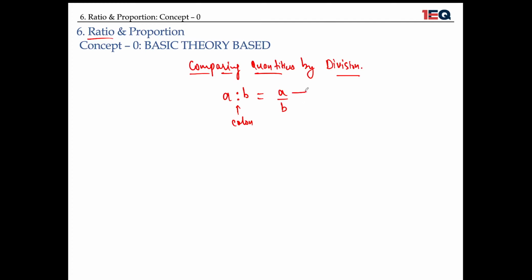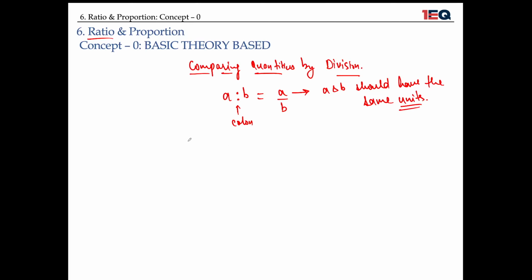The next thing which you need to keep in mind is that a and b should have the same units. When I say units, let me give you an example.